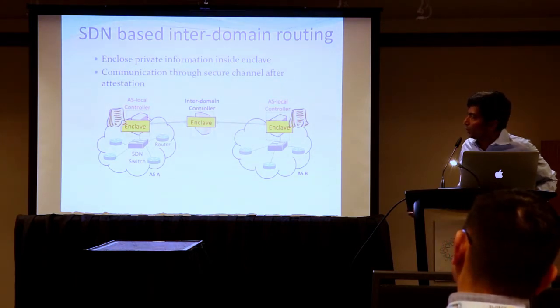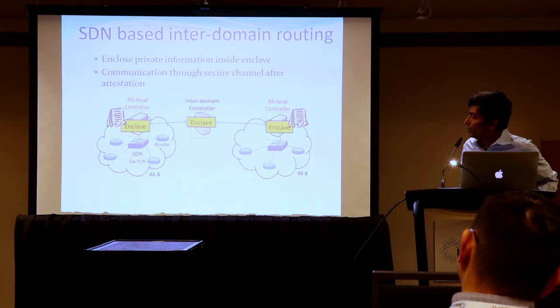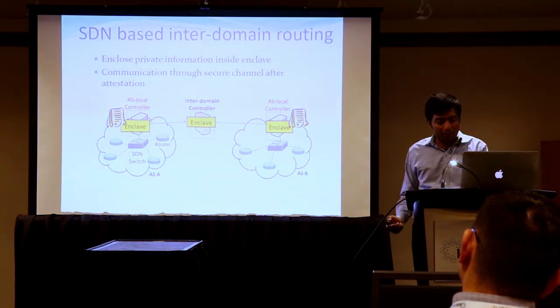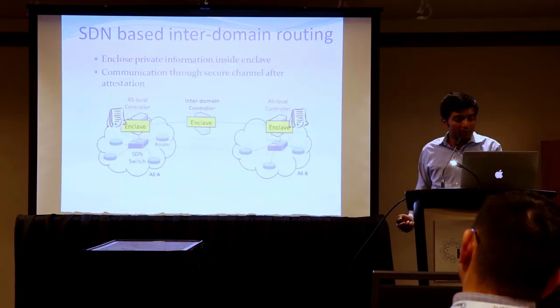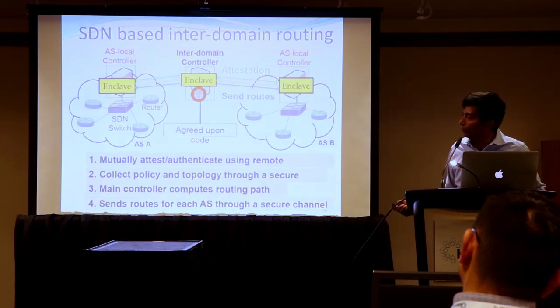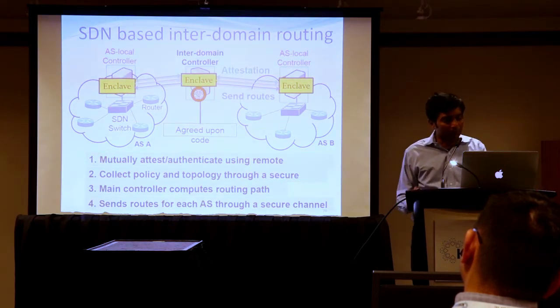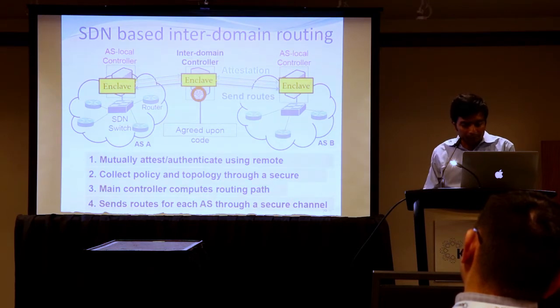So each local controller will have its enclave, the inter-domain controller will have its own enclave, and those enclaves will communicate with each other and then establish a secure channel. So for that they do some attestation first, and then the policy and topology will be collected through a secure channel, and then the shortest path will be calculated and shared, and those types of things they did.